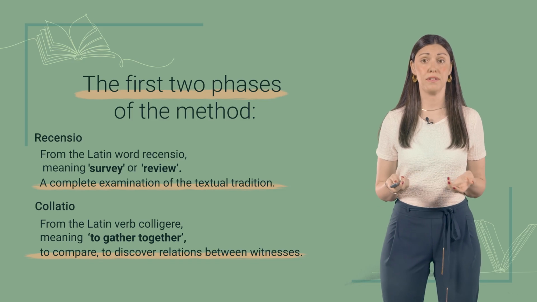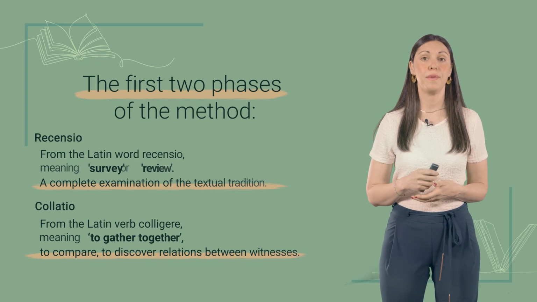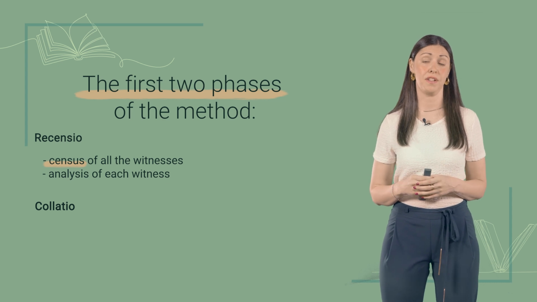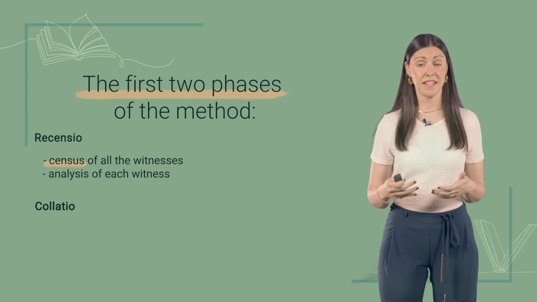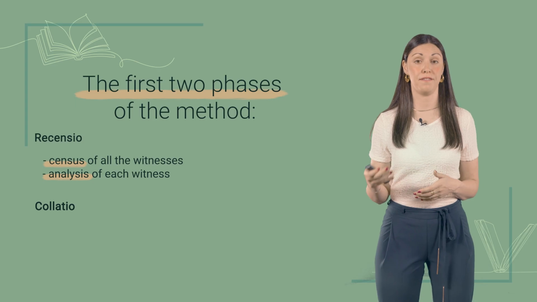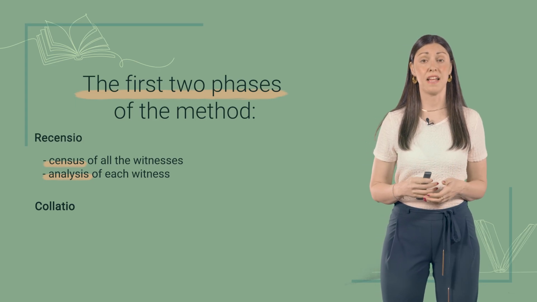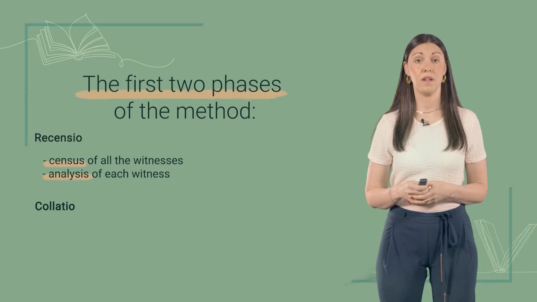In the Lachmann method, the phase of recensio begins with a census of all the witnesses belonging to the tradition. Each witness is analyzed individually and in detail by the philologist. Once this survey is complete, the next step is the collatio.